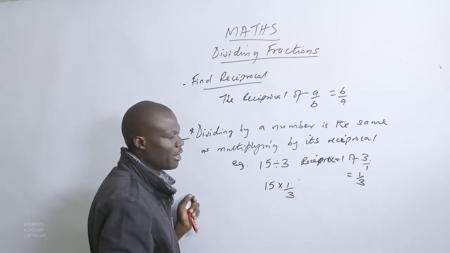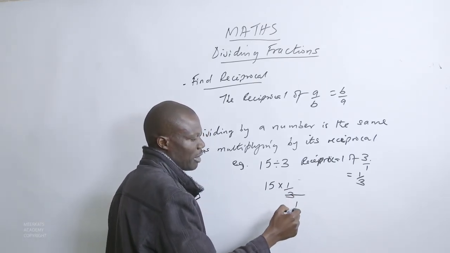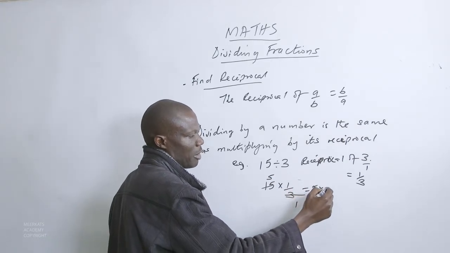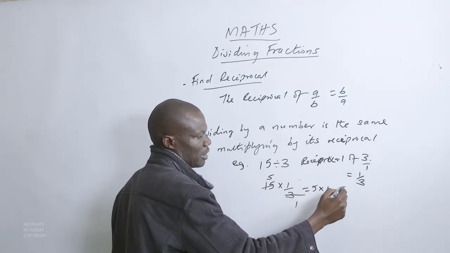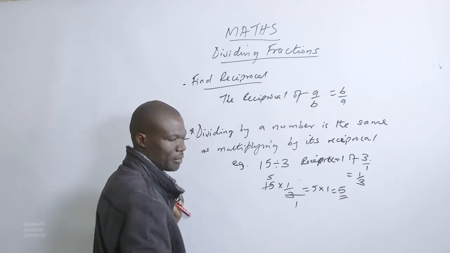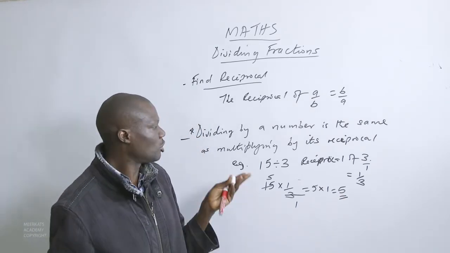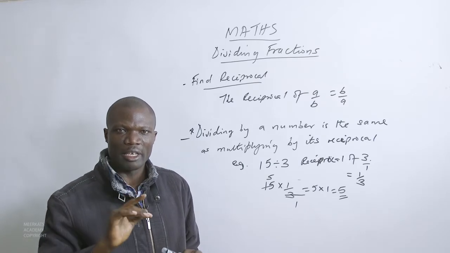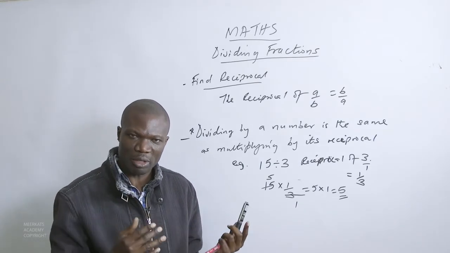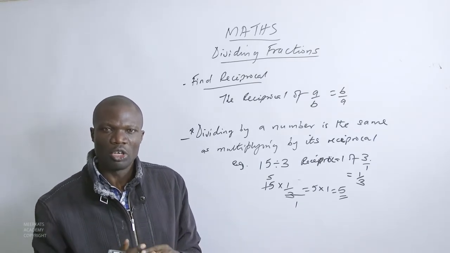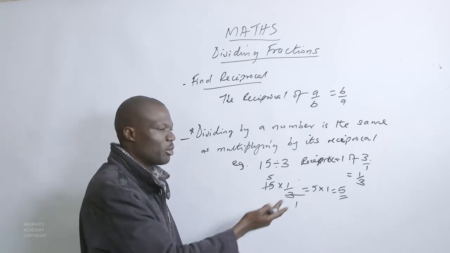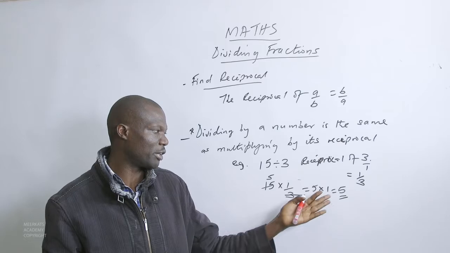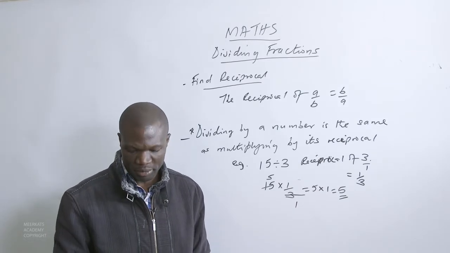We can cross-cancel by 3: 1 by 3, 5. We find the answer is 5 multiplied by 1, which gives us 5. So we've demonstrated that dividing by a number is the same as multiplying by its reciprocal. You can also use a calculator to confirm by taking 15 divided by 3, and you'll get the same answer.